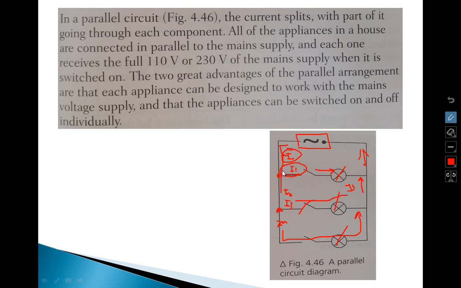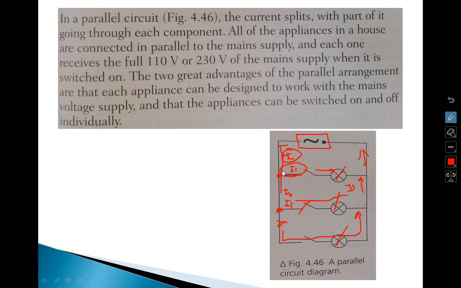All of the components or appliances in a house are connected in what? In parallel to the power supply, or to the source of supply, and each one receives what? The full 110 volt or 230 volt, depending on where you live.